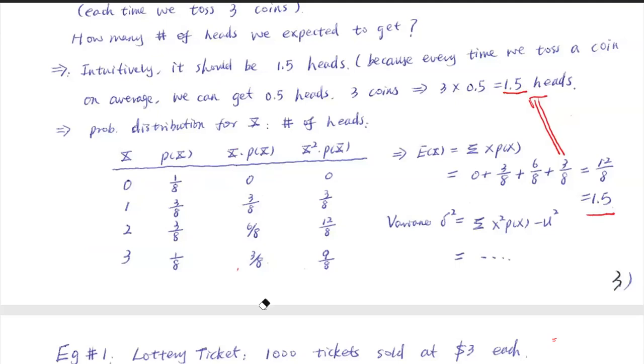Now to calculate the variance, we have to use the fourth column here, which comes from x squared multiplied by P(x). So it's like 3 squared multiplied by P(x). 2 squared is 4, multiplied by 3/8, so we get 12/8. Follow me?